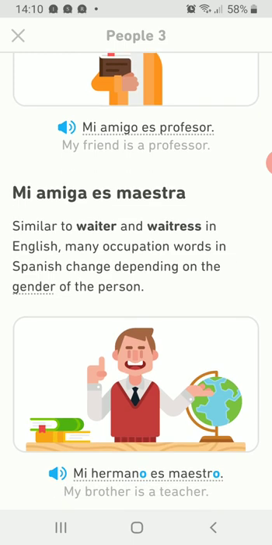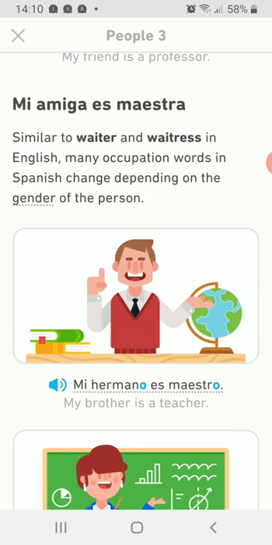So similar to waiter and waitress in English, many occupation words in Spanish change depending on the gender of the person. So usually you just add o for the masculine version of the occupation, or an a for the feminine version.